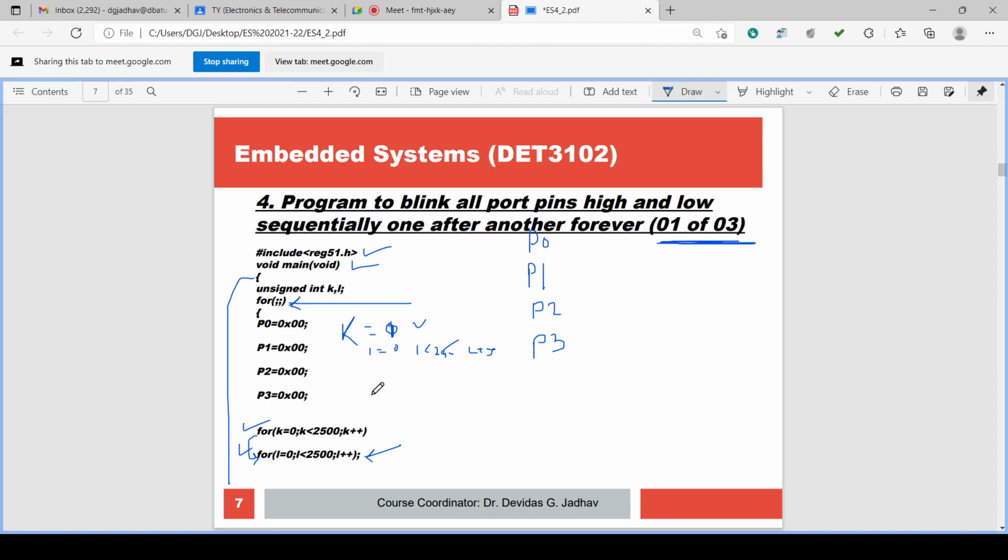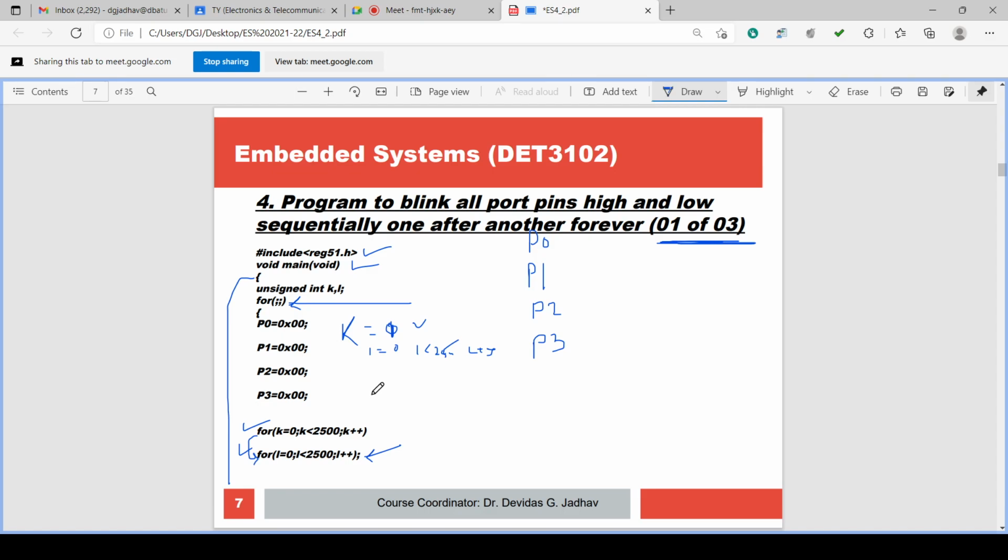Similarly, the for loop for L is executed 2500 times for k equal to 1. Similarly, the for loop for L is executing 2500 times for k equal to 2. Similarly, it is going to execute 2500 times for k equal to 3.